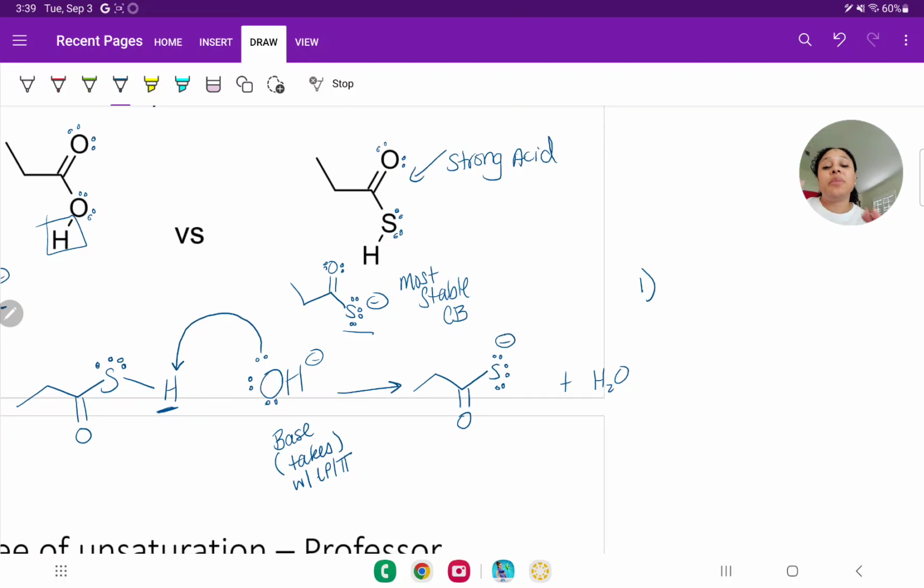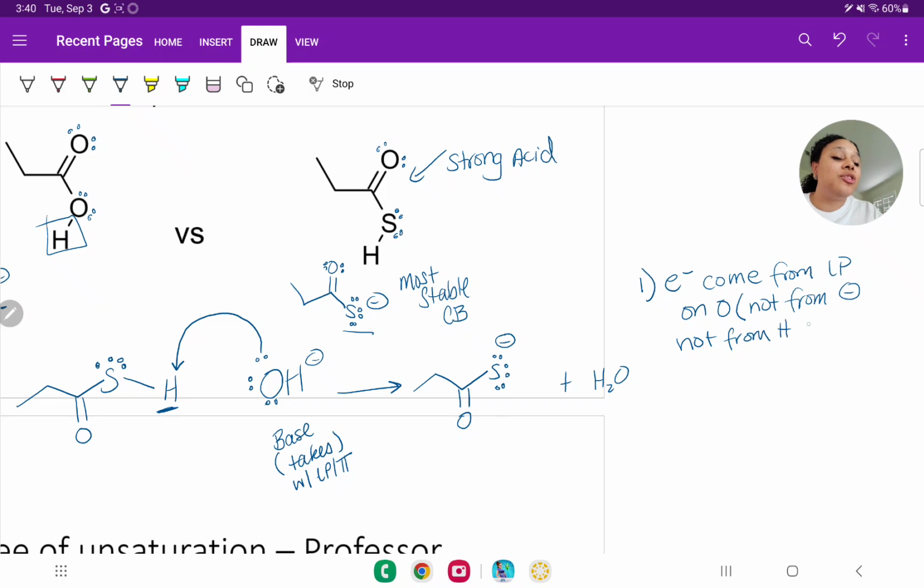Number one mistake that I saw is that the electrons come from the lone pair on the oxygen, not from the charge symbol, and not from hydrogen.